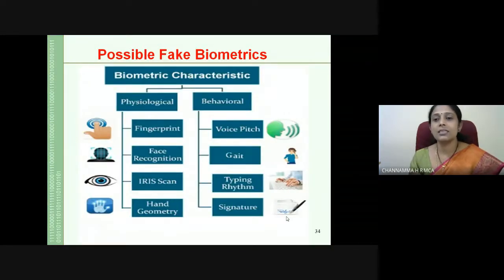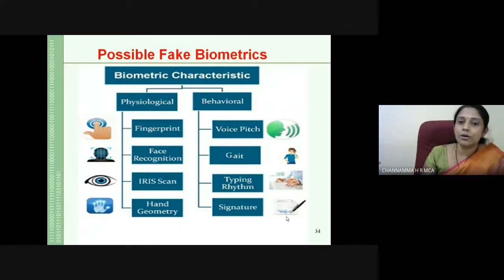These biometric traits can be counterfeited, but it is very difficult to counterfeit all of them. Basically fingerprint, face recognition, iris scan, hand geometry, voice pitch, gait, typing rhythm, and signature can be counterfeited. So majorly these types of biometric traits can be counterfeited.